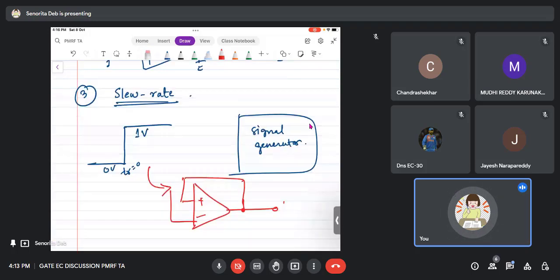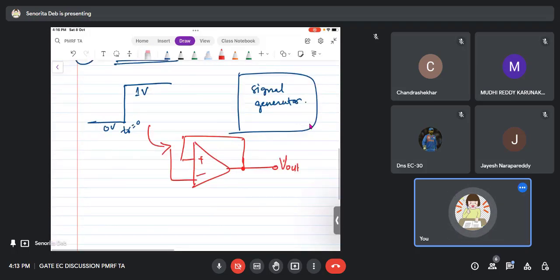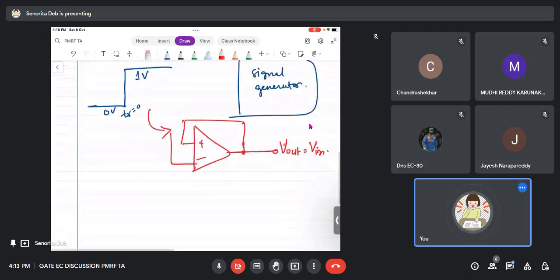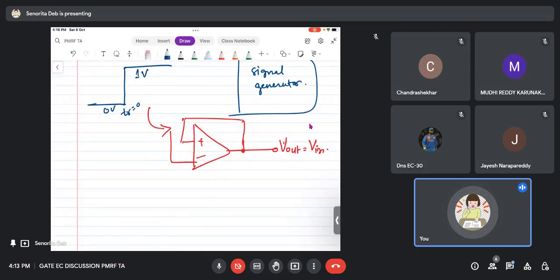In this circuit, V out will be equal to V in. How, we'll see later, but V out is V in. So the question is, when I give an input like this, will my op-amp give the same output at the same time? An ideal op-amp will, but for a practical op-amp, it will depend on its slew rate.